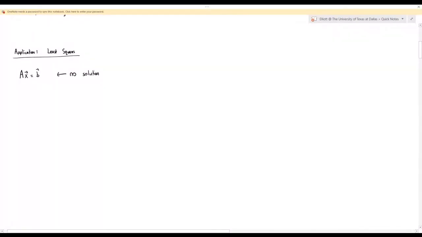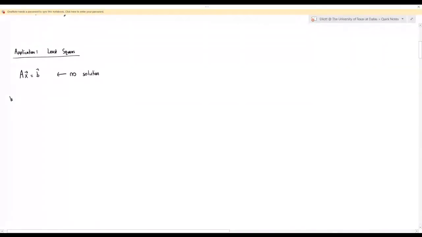So if there's no solution, sometimes what we want to do is find what would come closest to being a solution to this equation. And that is what least squares is all about, okay?